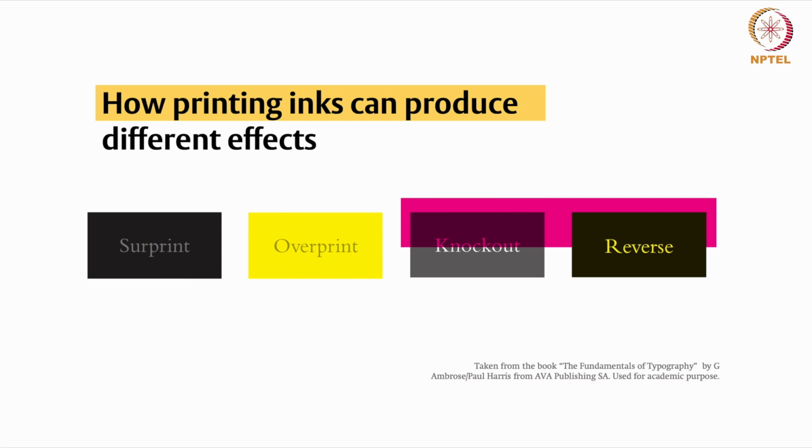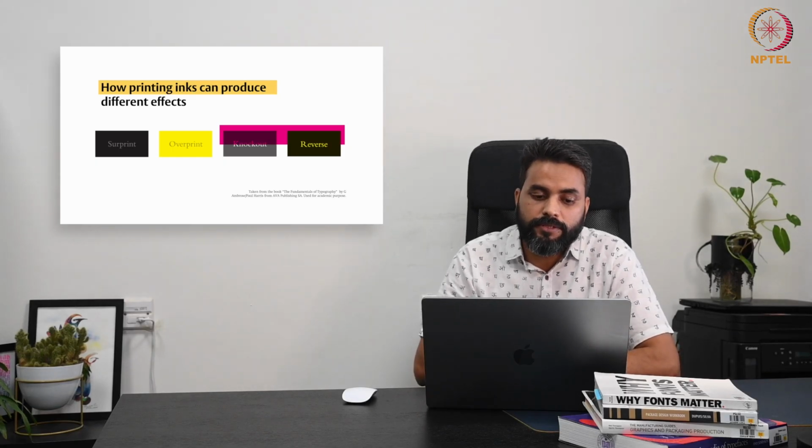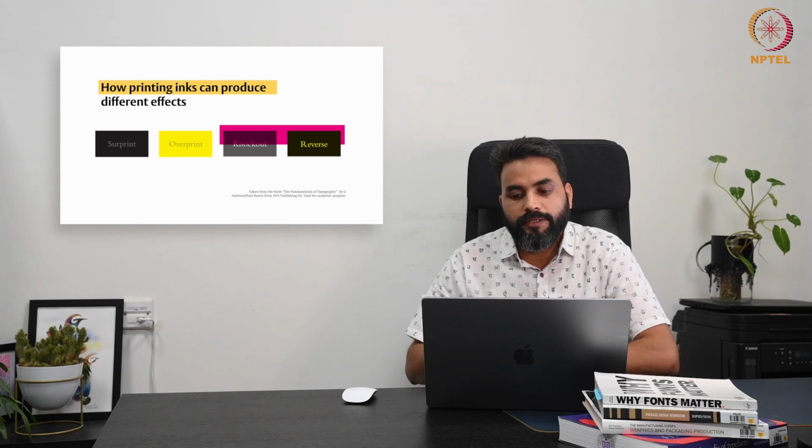In the last option, you can see yellow is printed out of black, blocking the cyan which is in the background. Clear? So I hope you will remember these different concepts in terms of printing ink in a different format.